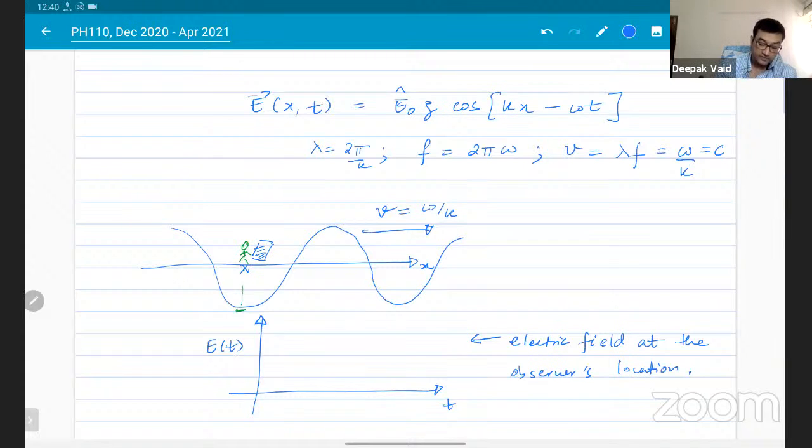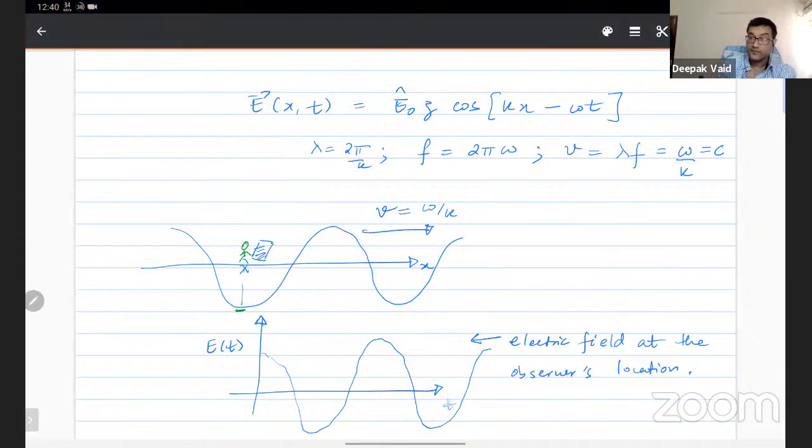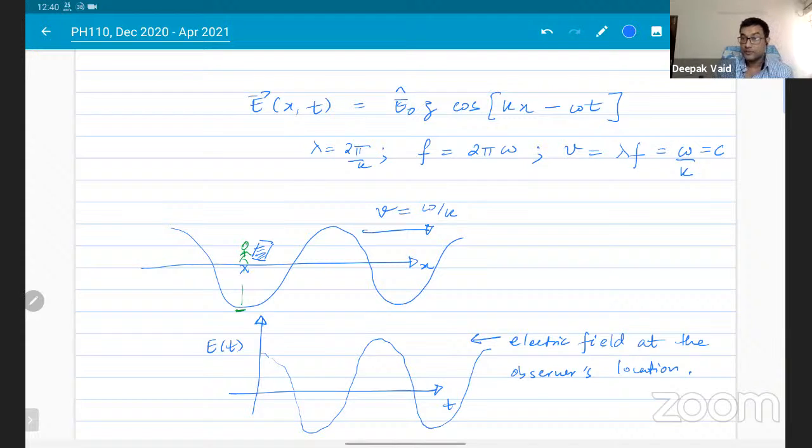What is the electric field seen by the observer? The electric field seen by the observer will also be something that is oscillating, but now it's oscillating as a function of time. This is the important thing to remember. And this quantity is going to be the time period, capital T. What is the relationship between capital T and omega?